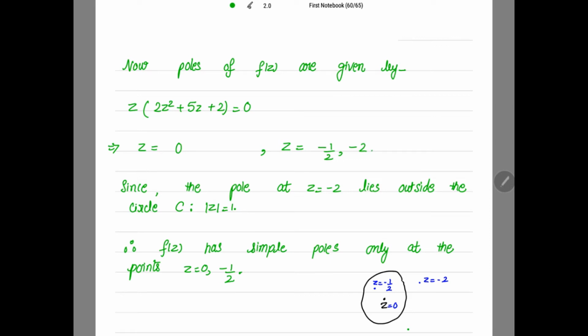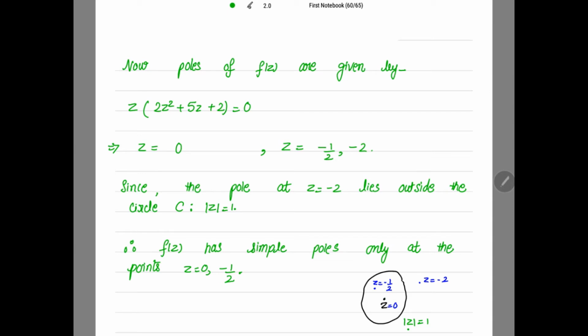Now check which of these points lie inside the circle mod z is equal to 1. Take the mod of z equal to 0. Mod of 0 is 0, so 0 lies inside the circle. Take the mod of minus 1 by 2, which is 1 by 2. So it lies inside the circle, because its mod is 1 by 2.